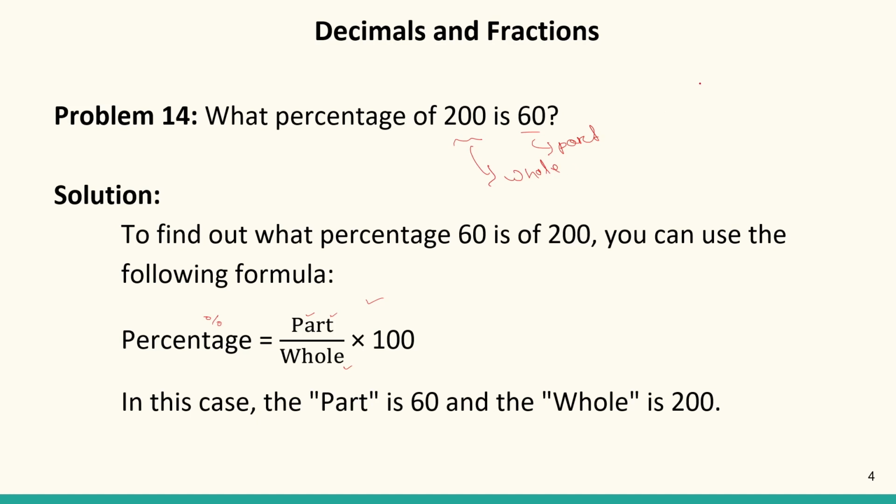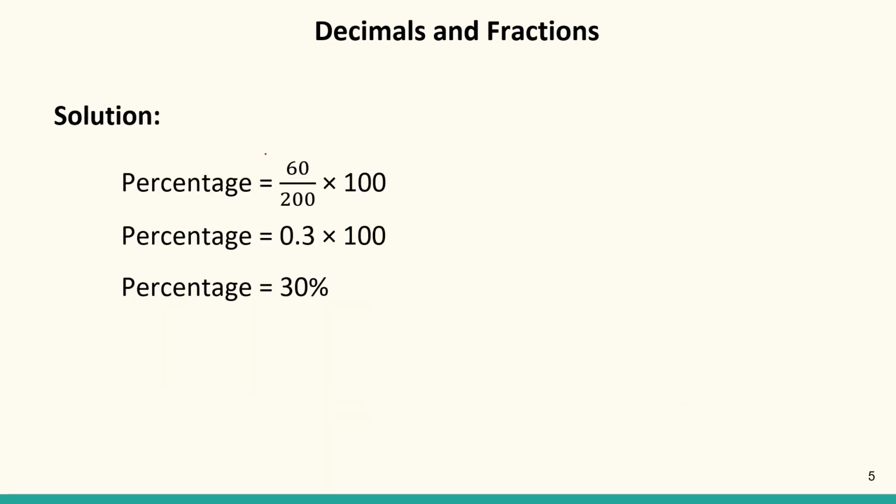So 60 by 200 into 100 is equal to the percentage. This cancels out and gives us 2, and then 2 is cancelled with 60 and gives us 30. So we have got 30%. This is the answer, and we got the answer in percentage.